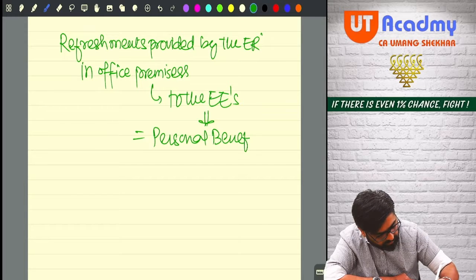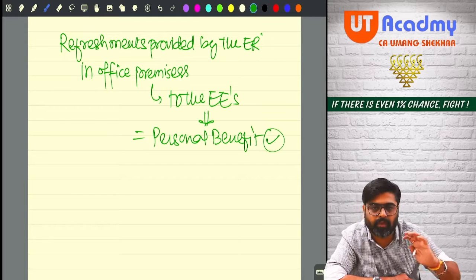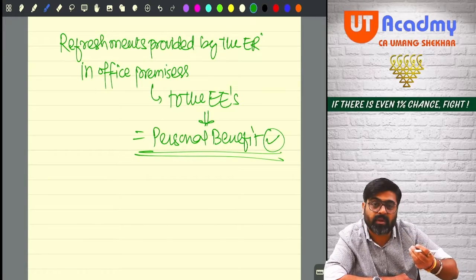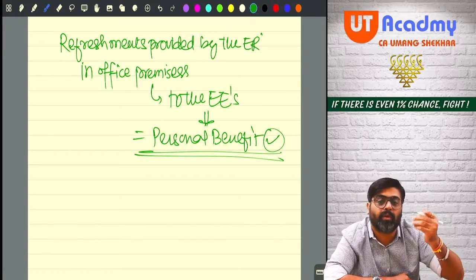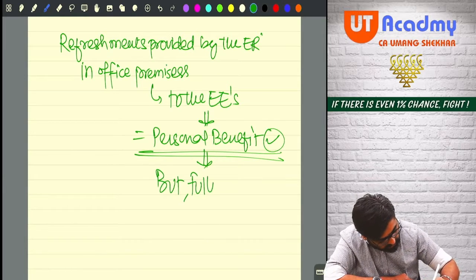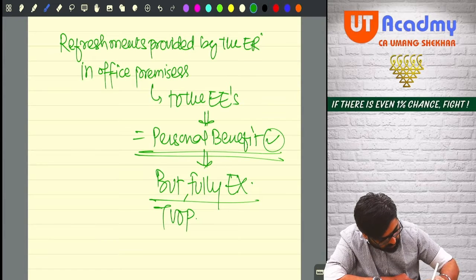Is it a personal benefit? The answer is yes, it is a personal benefit for the employee. But one cannot identify how much personal benefit is happening to a single employee out of this. Hence, this will be fully exempt. Hence, the taxable value of perquisite will be taken as nil.